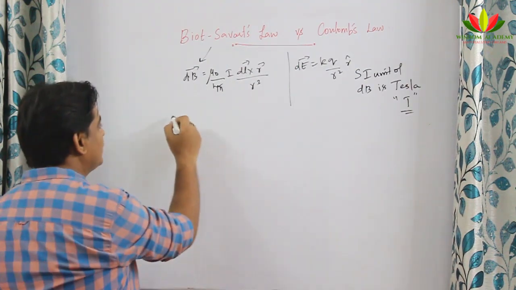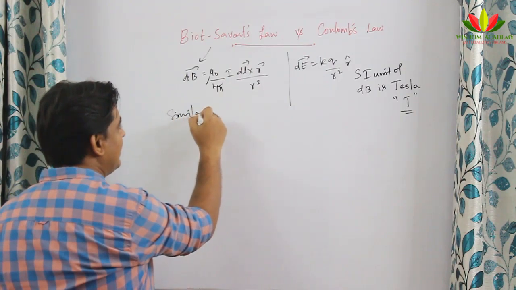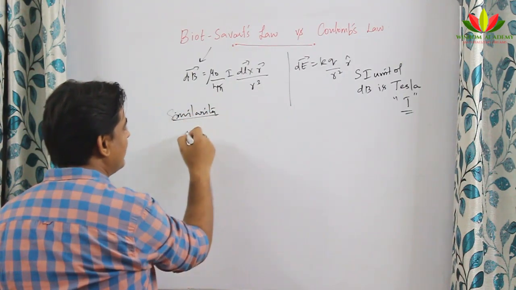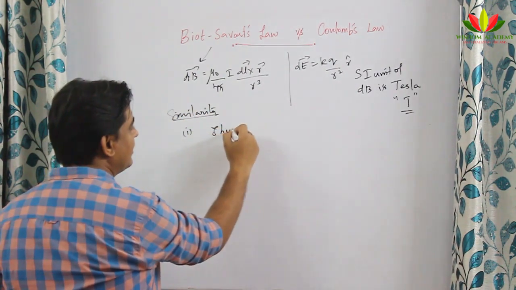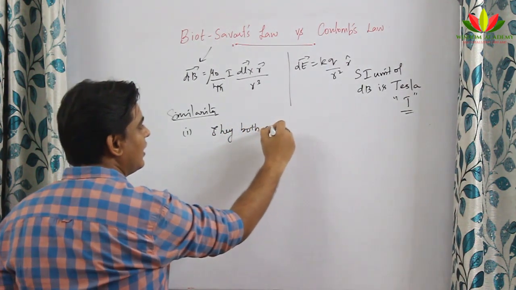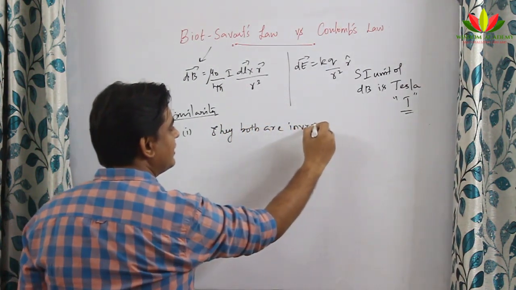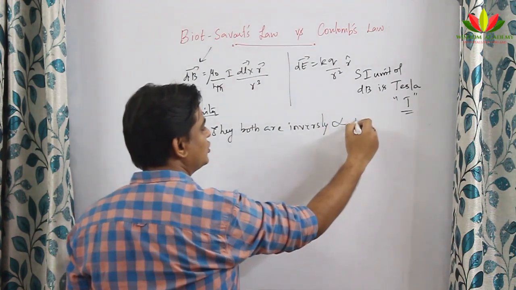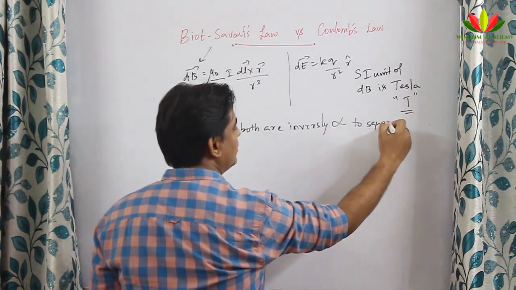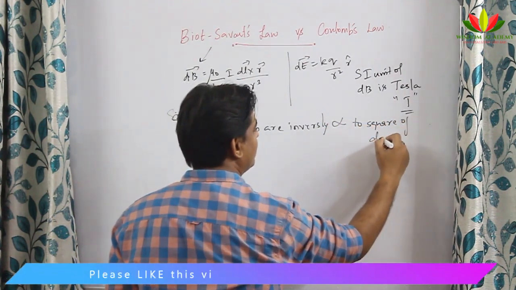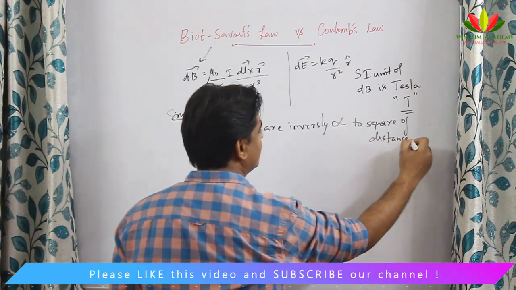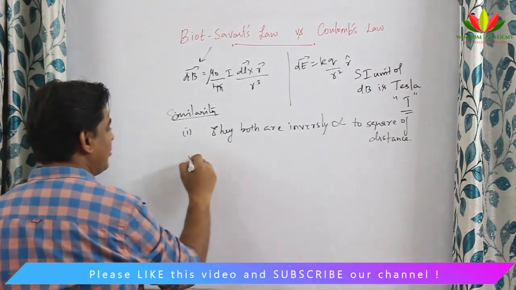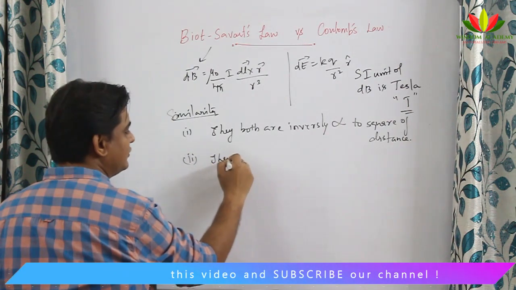I will write it here for you. So, similarity: the first point is they both are inversely proportional to the square of distance, and the second point is they both are long range fields.